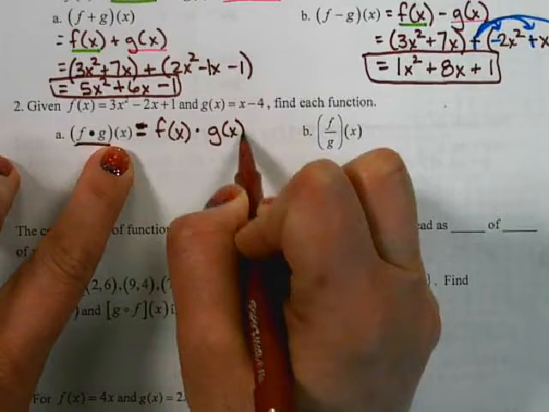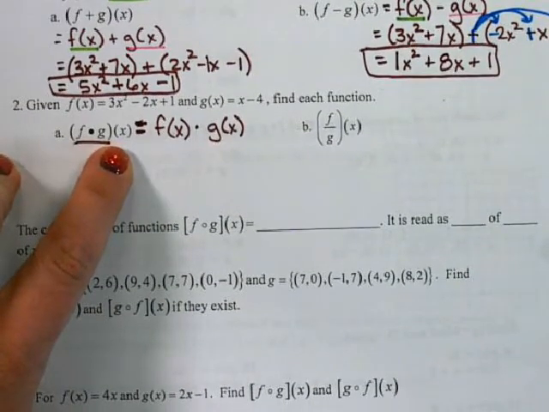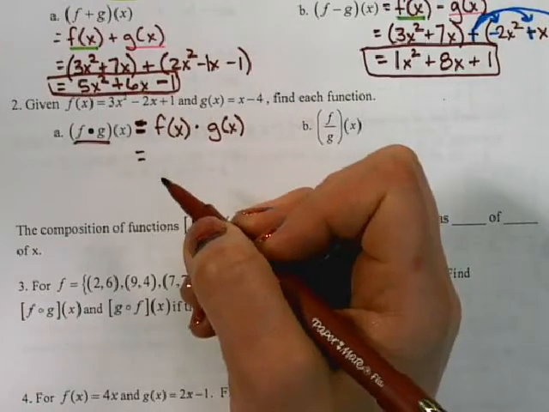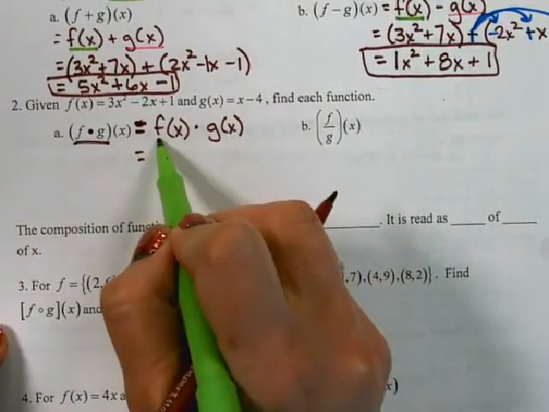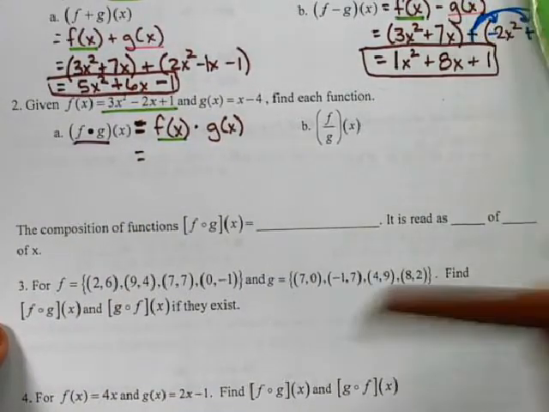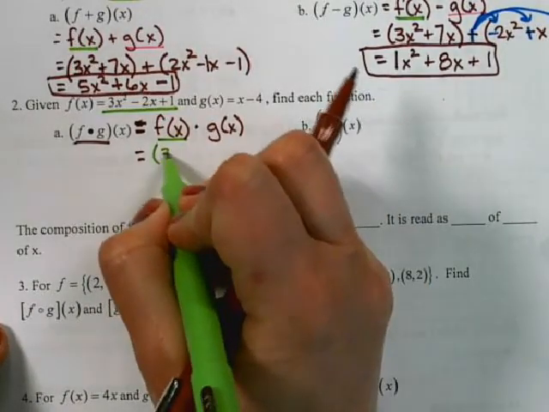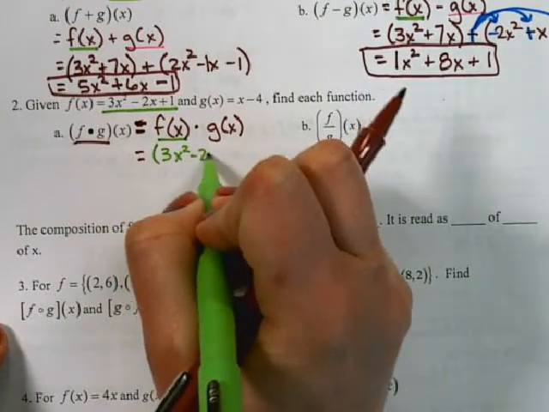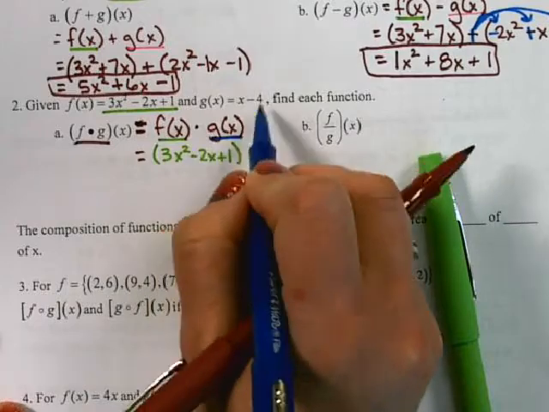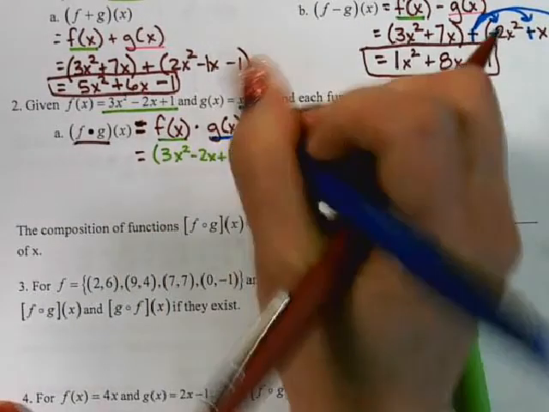This is where we're going to have to do some FOILing or distributing or use a lattice or whatever you're comfortable doing. So again, I'm going to replace f of x with what it equals, and I'm going to replace g of x with what it equals.